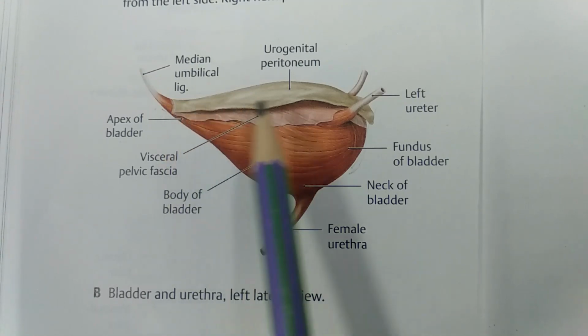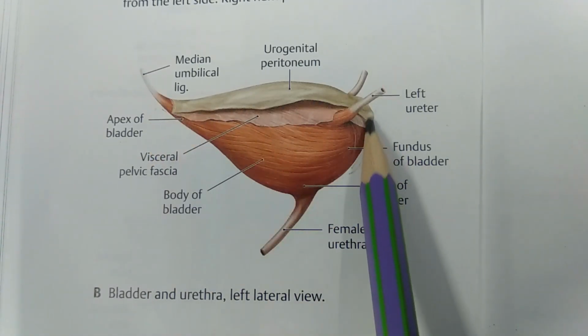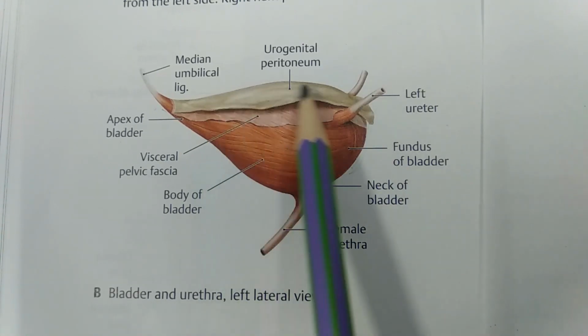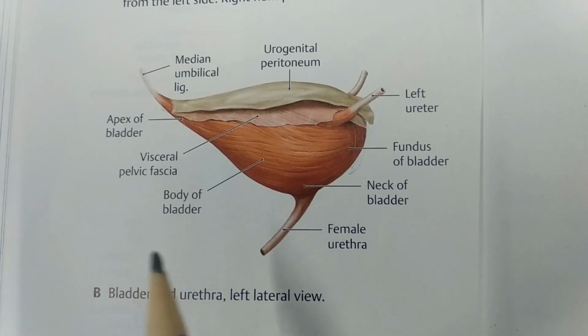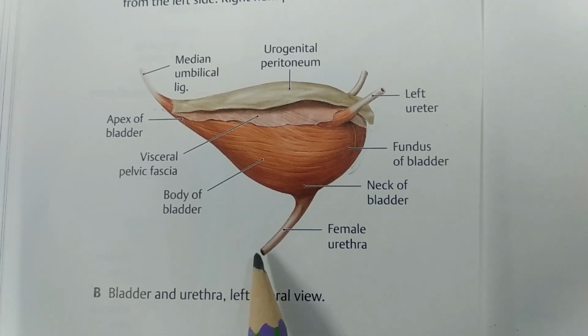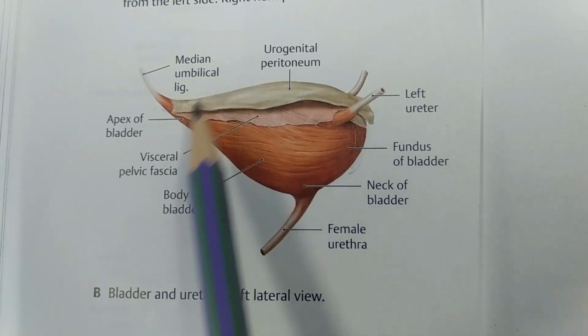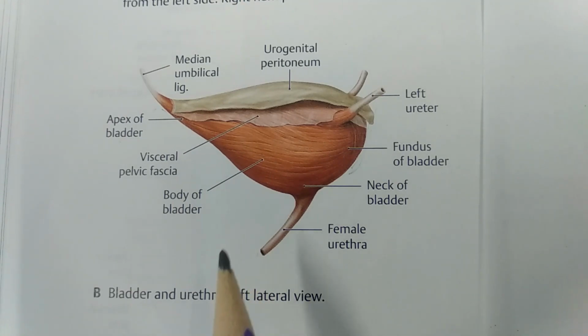So this pyramidal shaped urinary bladder has an apex and a base, a superior surface and two inferolateral surfaces, and the neck here from where the urethra starts. So this is the structure of the urinary bladder.